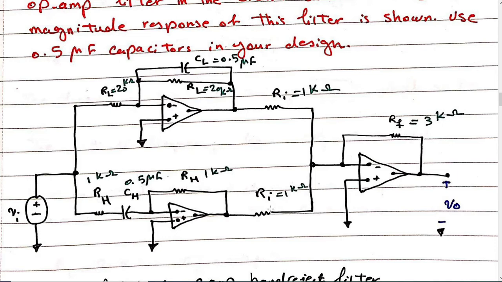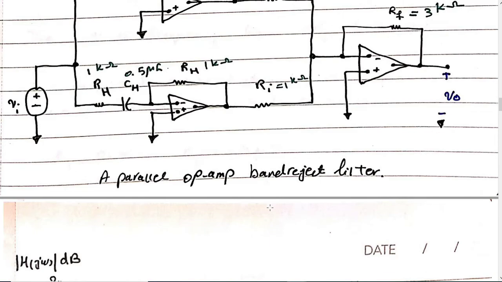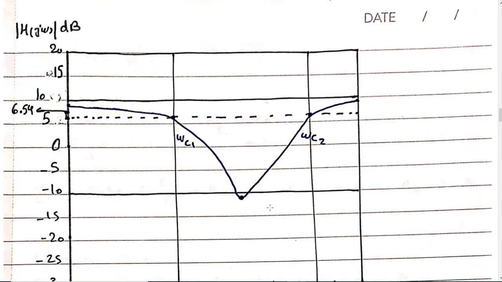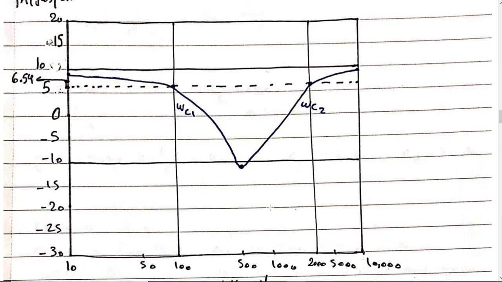So this is the Bode plot for the above circuit. Calculate the values for RL, RH, RF, and RI. Now you do it yourself, please.